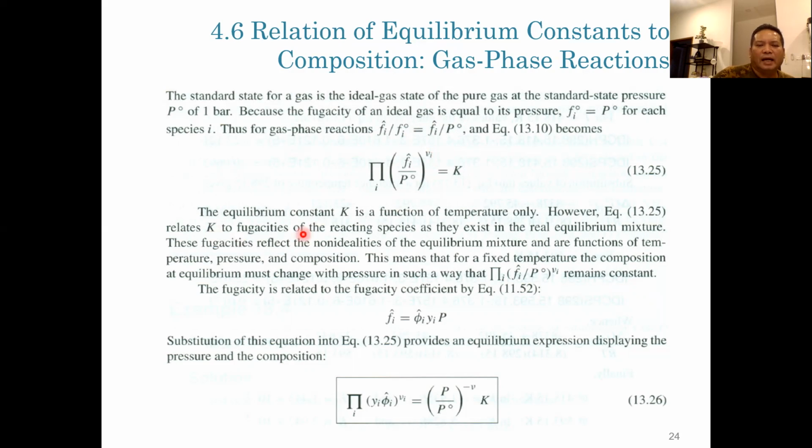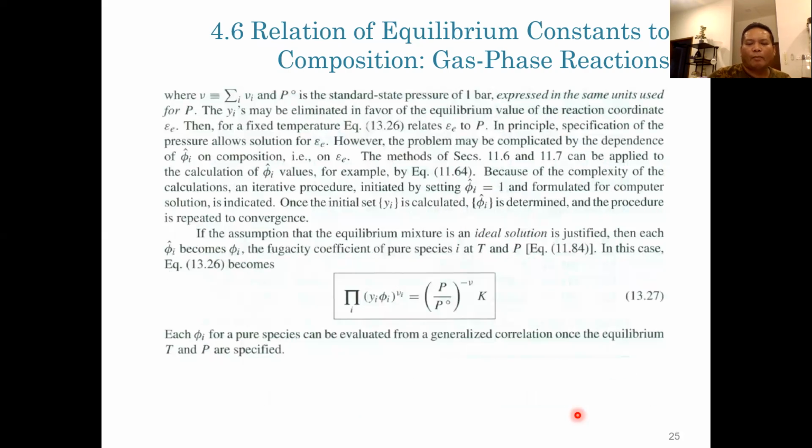Since the equilibrium constant K is a function of temperature only, but it relates to the fugacity of the reacting species as they exist in the real equilibrium mixture. As you remember, fugacity can be written in this form here. In the solution, phi, then what is phi? Remember, fugacity coefficients, y i, P, and then we can rewrite it into this form.